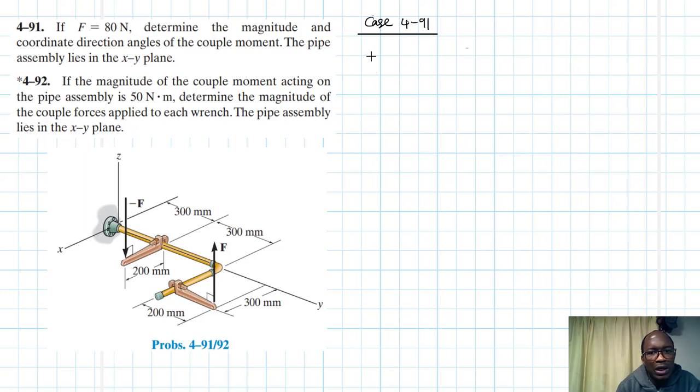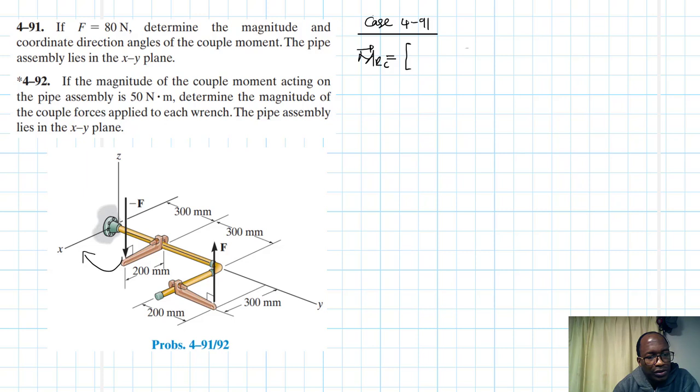So the resultant couple moment, let me call it M_RC, is going to be equal to, I will just use F for now, the way it is. Let me start with this F, that is negative. What is this component? Moment component along the x-axis.